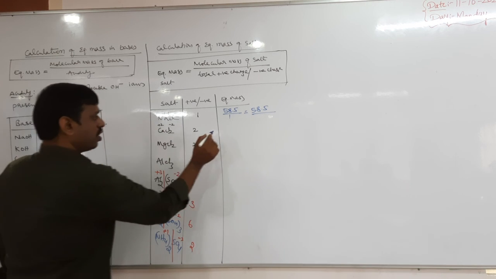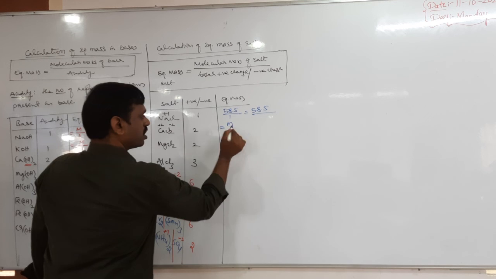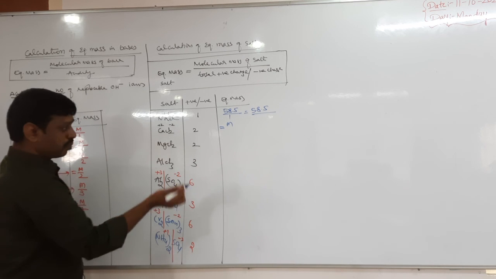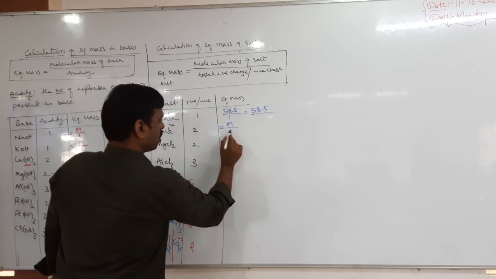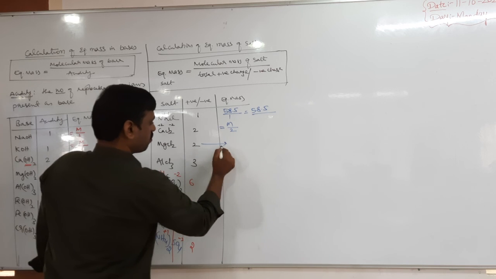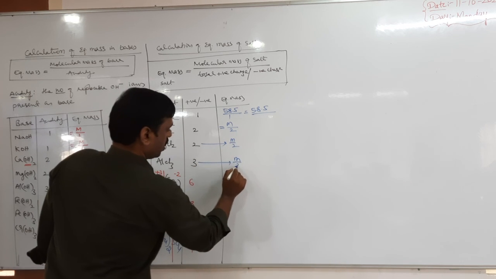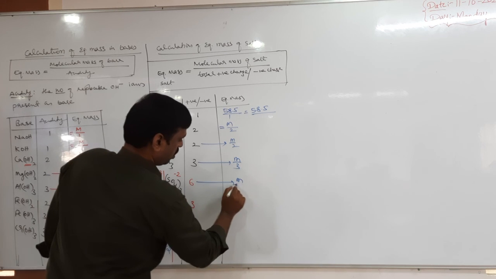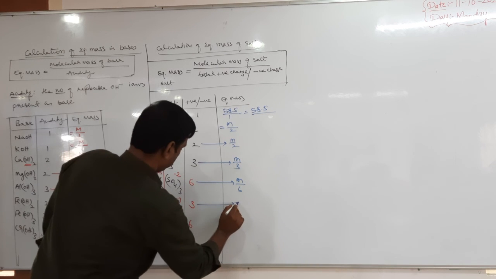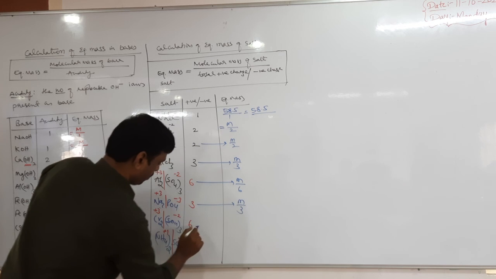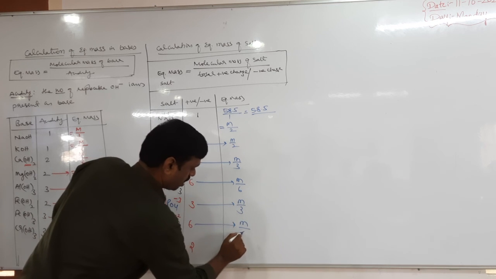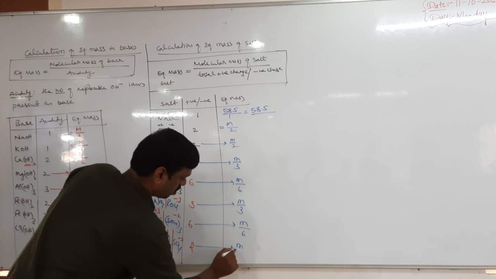So generally we take M, the molar mass, that can be calculated. For CaCl2 it is M by 2. In case of magnesium chloride, M by 2. For AlCl3 it is M by 3, here M by 6, here M by 3, M by 6, M by 2.